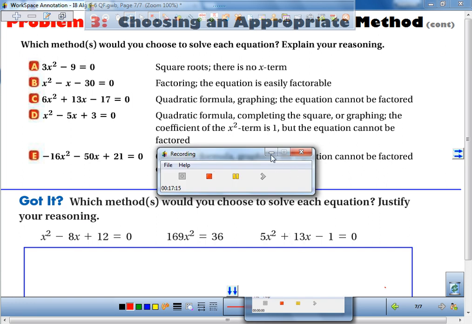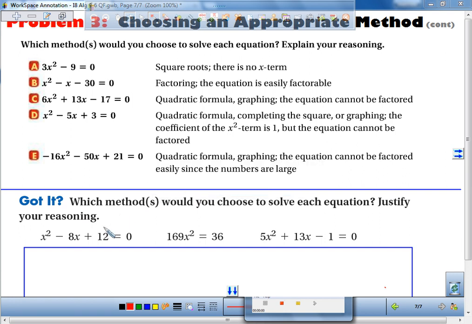Oh, here, now it worked. So again, down here, we could factor this because factors of positive 12 when added together give us negative 8. You'd have negative 6 and negative 2. So if you were to factor this, then you would have x minus 6 and x minus 2.